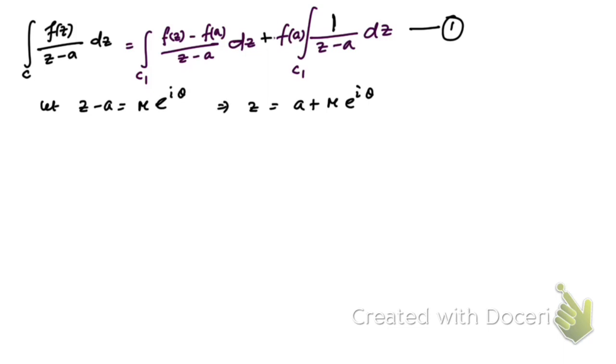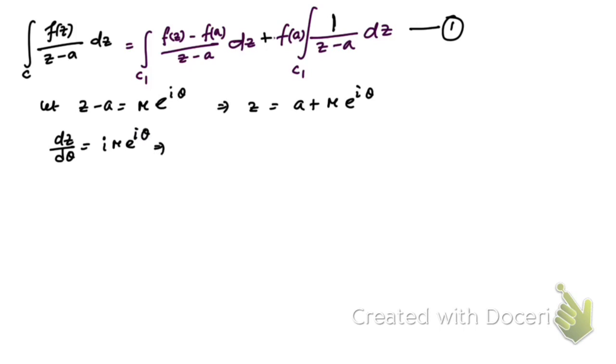If we differentiate with respect to theta, dz by d theta, then a is going to be 0 as it is constant. Differentiating, i comes out and e to the power i theta remains, right? That's what we're going to have.